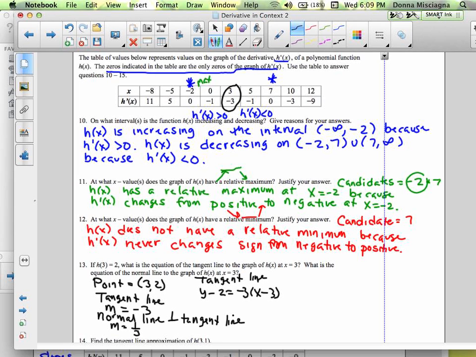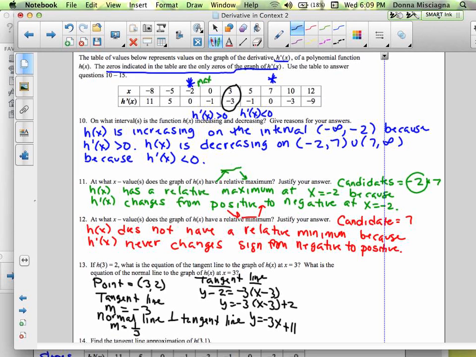We could also move the 2 over, so that would be y equals negative 3 times x minus 3, plus 2. Or if you like it in slope-intercept form, you can just simplify that out, and that would be y equals negative 3x. Negative 3 times negative 3 would be 9, and 9 plus 2 is 11.